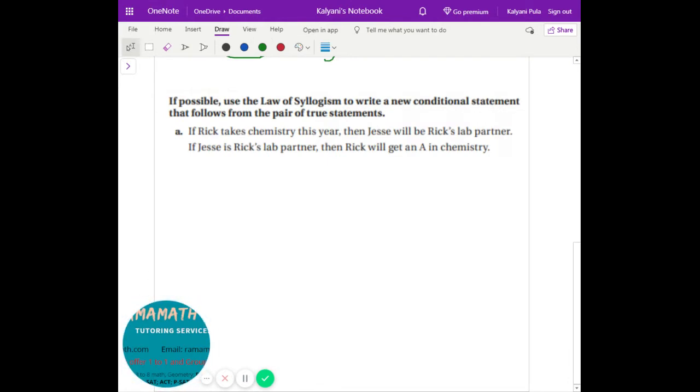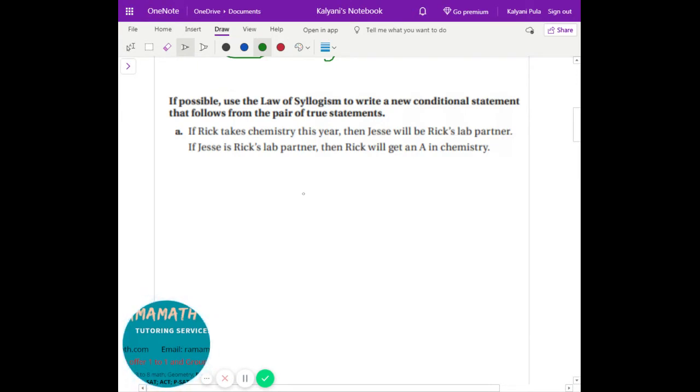If Rick takes chemistry this year, then Jesse would be Rick's lab partner. If Jesse is Rick's lab partner, then Rick would get an A in chemistry. So far, if the first two things are true, it doesn't actually prove that he will get an A. It would just say that if he has a partner, she will be his partner.